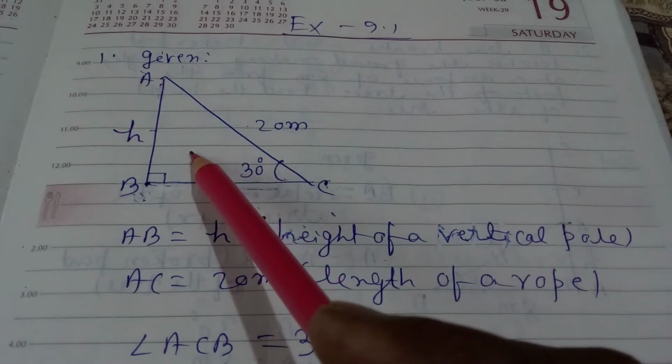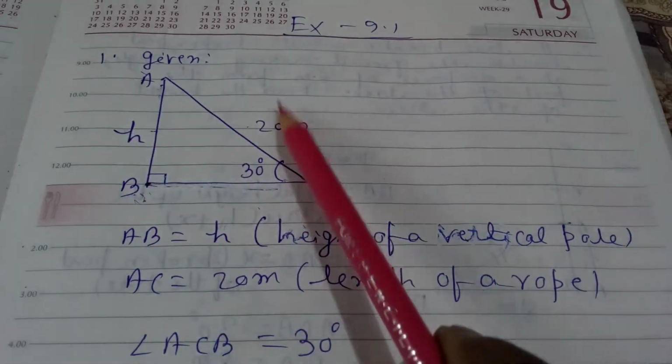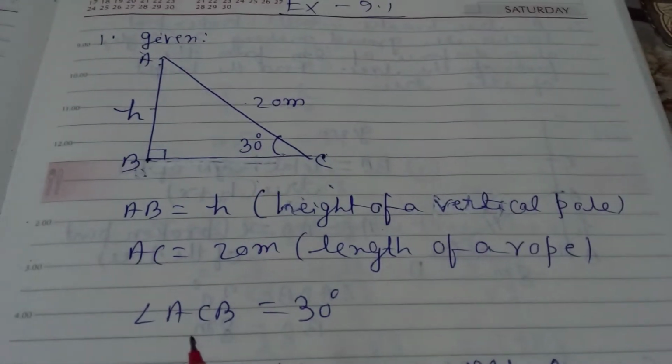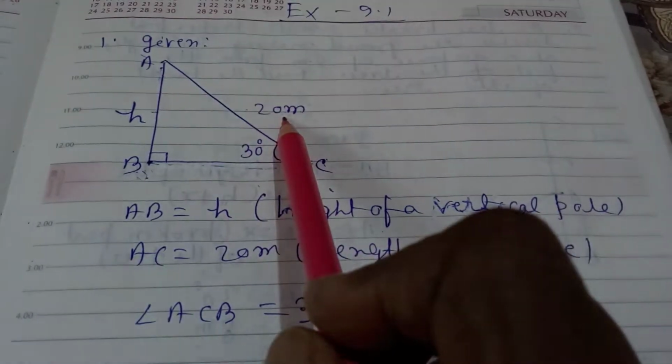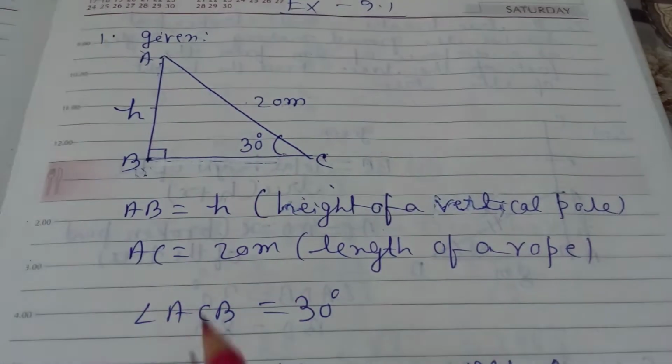So you have to make a relation between perpendicular and hypotenuse. So sin theta, because sin theta equal to P by H, is the relation of perpendicular and hypotenuse.